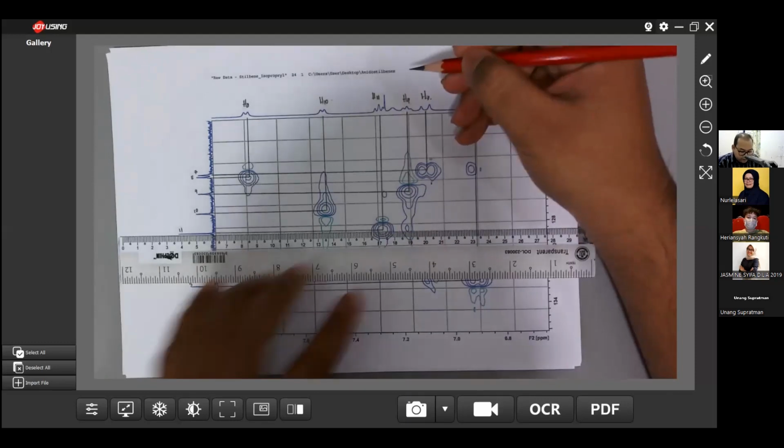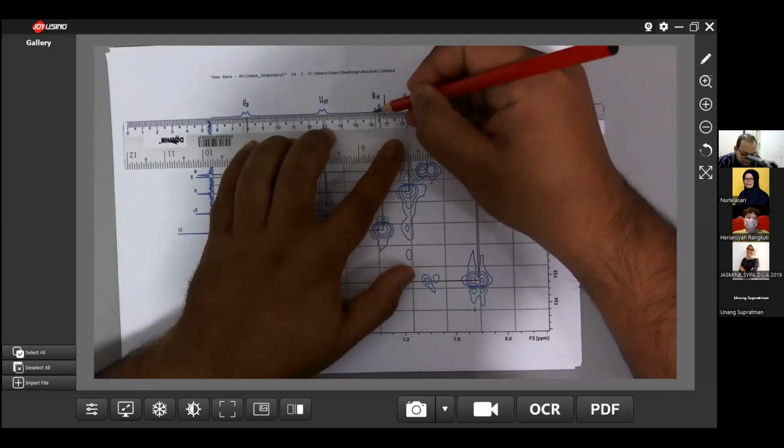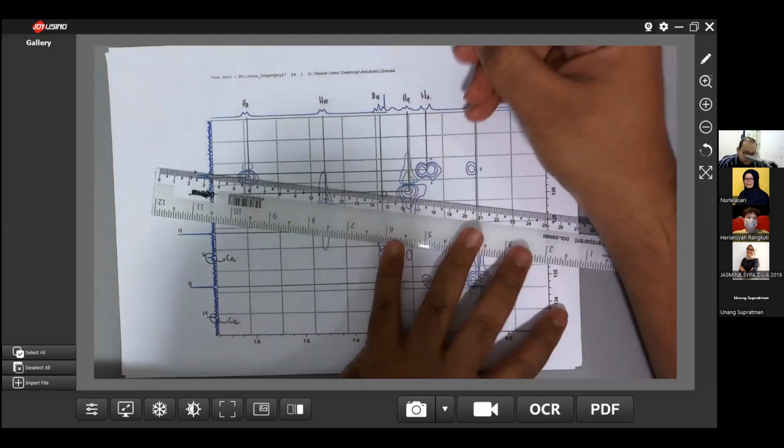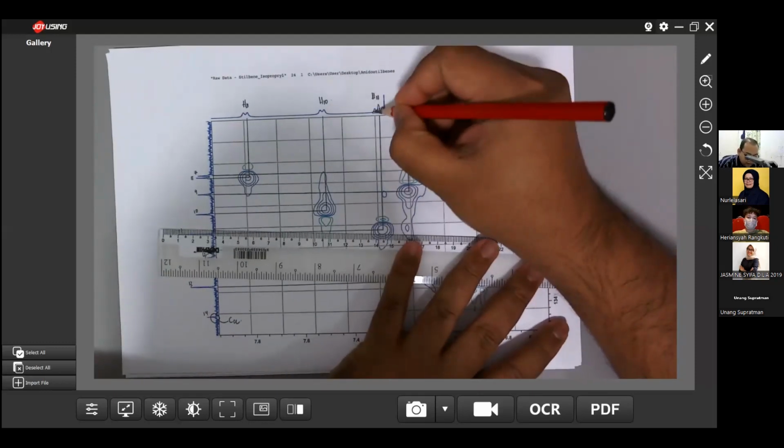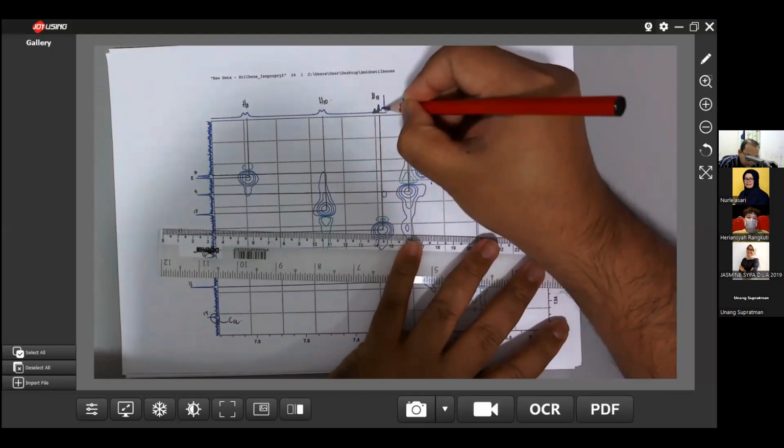If you cannot see the triplet, it is like this. So just playing some drawing here, you can draw like this.